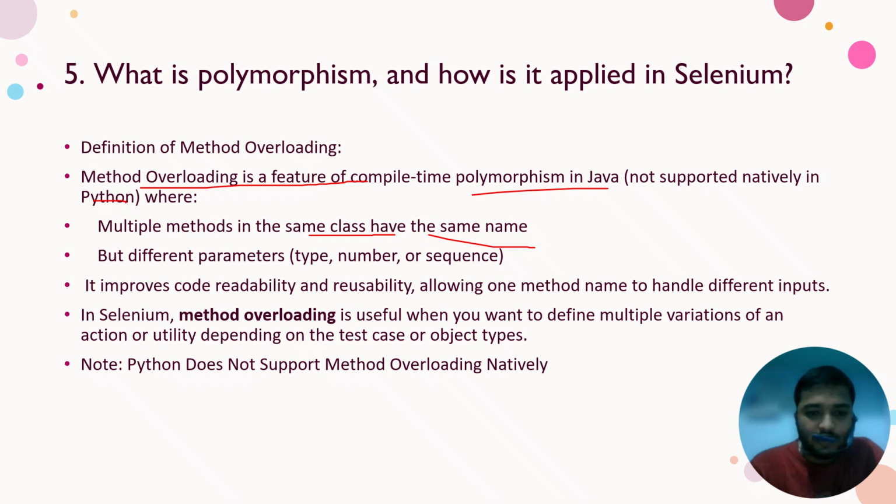It improves code readability and reuse, allowing one method name to handle different inputs. In Selenium, method overloading is useful when you want to define multiple variations of a method. Python doesn't support method overloading natively.